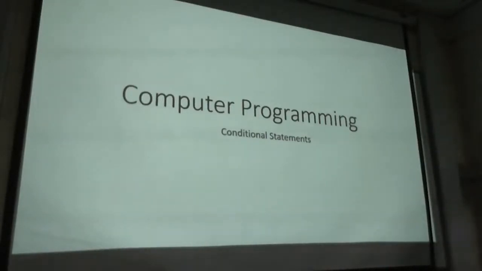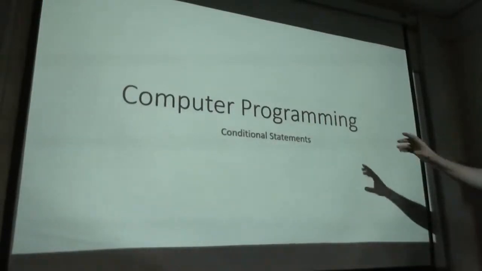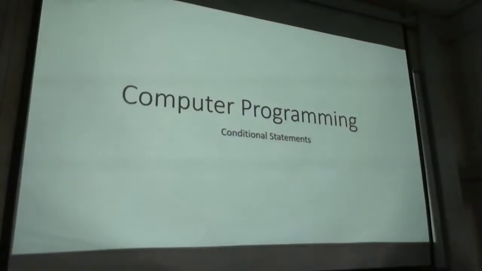There are two more things we need before we can start doing interesting things with our programs. The first thing we need is conditional statements, or if statements, if you've looked at a program before. And the second thing we'll need, which is what's going to happen next week, is iteration, which is loops. Conditional statements are where you ask your program a question, and depending on the value of a variable, it will act in different ways depending on what you've programmed.